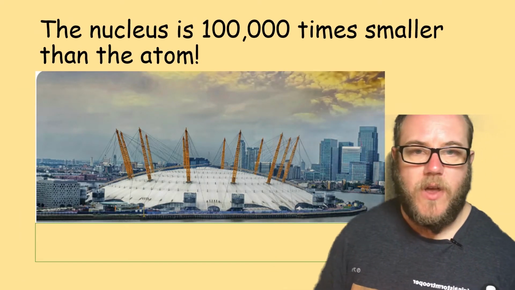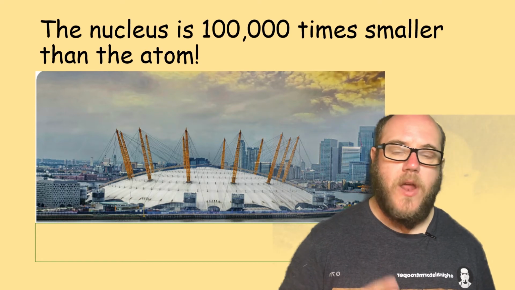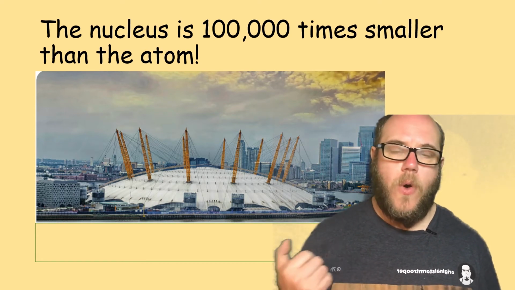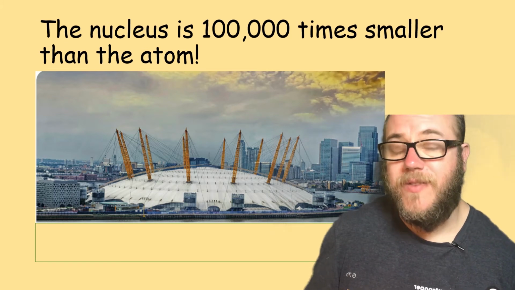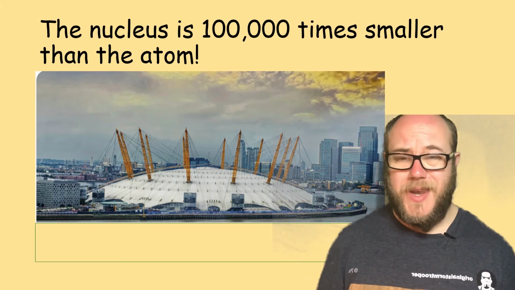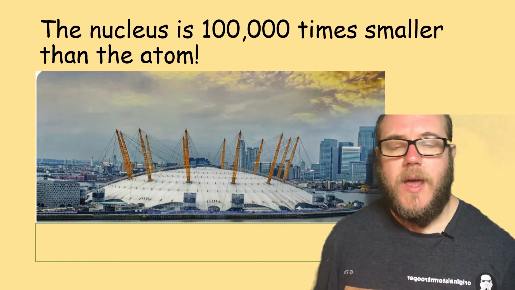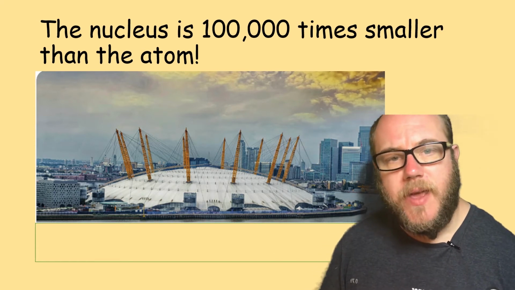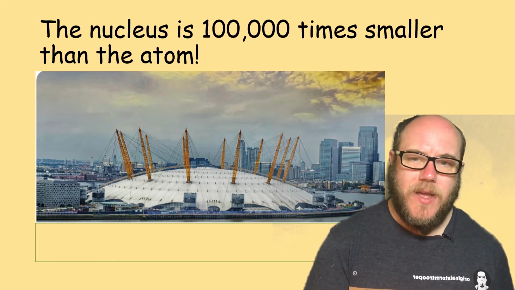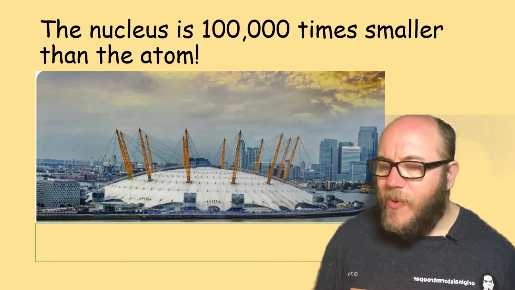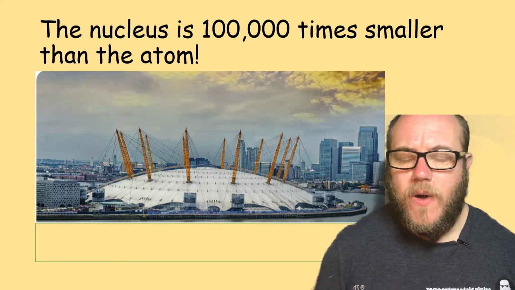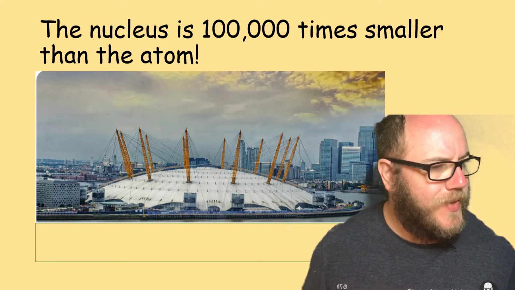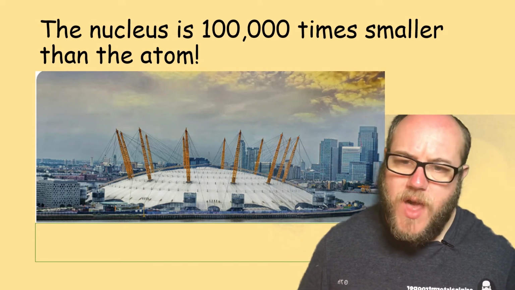This is a picture of the O2 Arena in London. Hopefully you've been there, or you'll have a chance to go there or somewhere like there in the future. It's a fantastic place. I have seen the Legends Iron Maiden at the O2 Arena. So the nucleus, which is where actually, we'll look at this in a minute, where all of the mass of the atom is, sat in the centre of this vast empty array of nothingness.